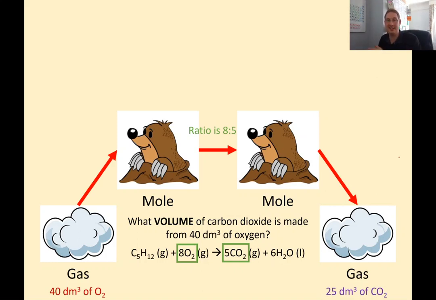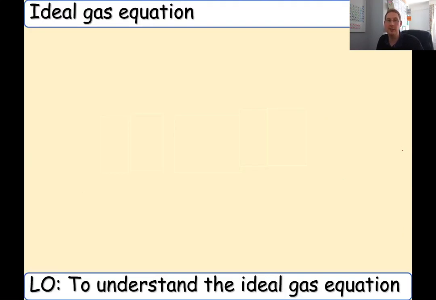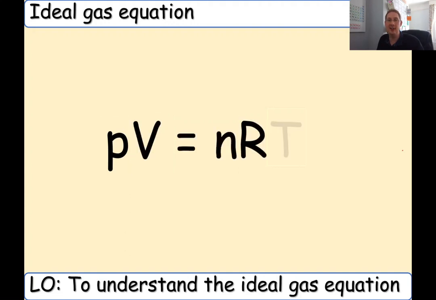So if it's gas to gas, with the same conditions of temperature and pressure, you can just use the ratio from the equation. Which brings us on to the ideal gas equation. PV equals nRT.